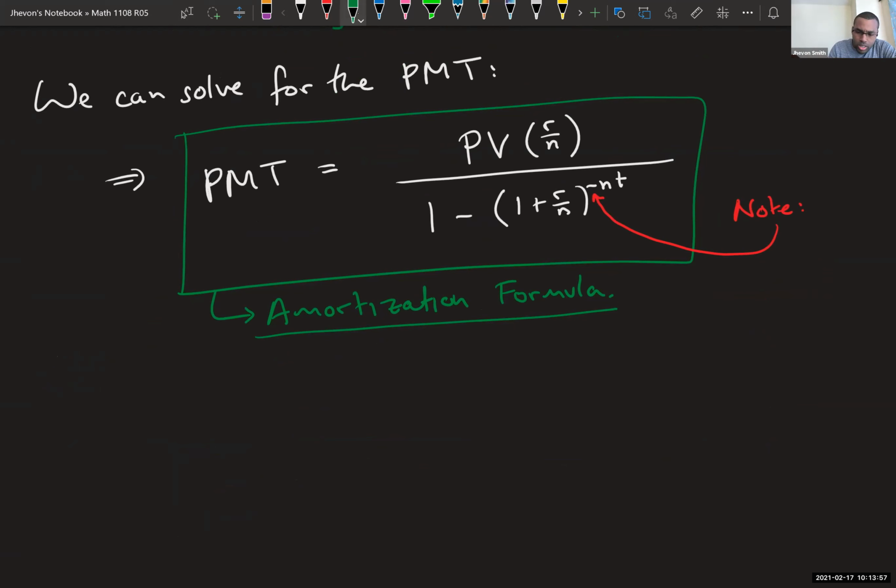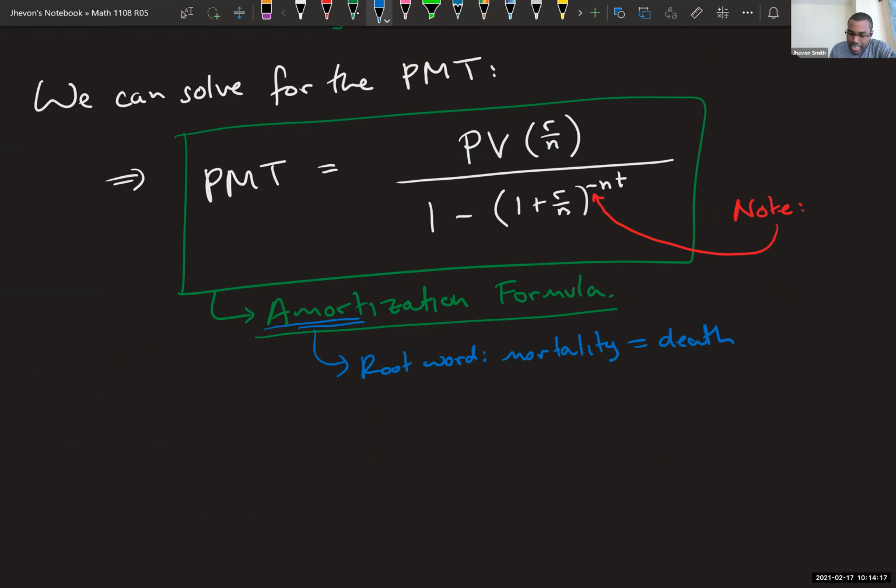Why is it called the amortization formula? It's because amort or mort, the root word, is actually from mortality, equals death, right? So it's a very morbid reason, actually.